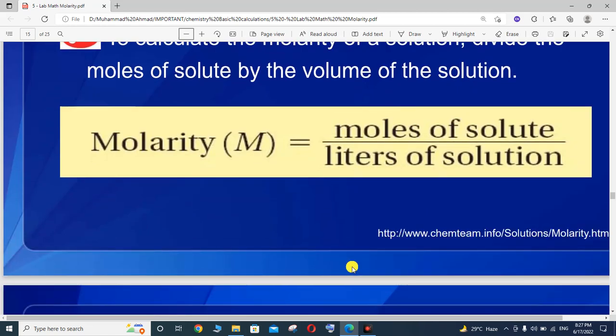Molarity is represented by a capital letter M, which is equal to the number of moles of a solute divided by liters of a solution. This is a very simple formula, and with the help of this formula you can easily determine the different problems.